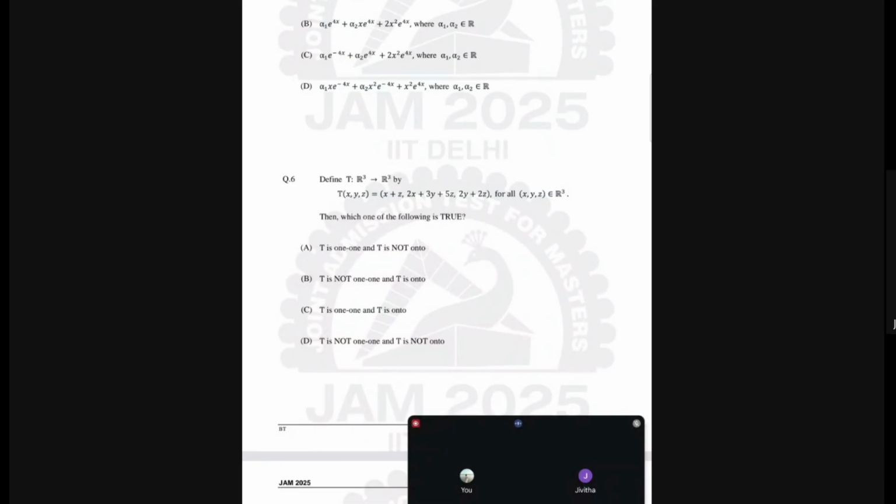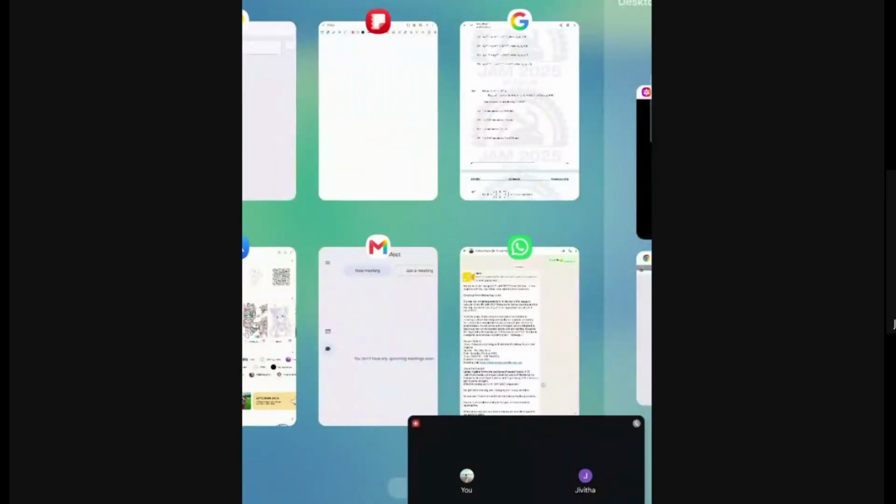As I was saying, question 6 is a linear transformation question, and we will start solving the paper. First, I want to know, do you know what a linear transformation is? A linear transformation is a function.